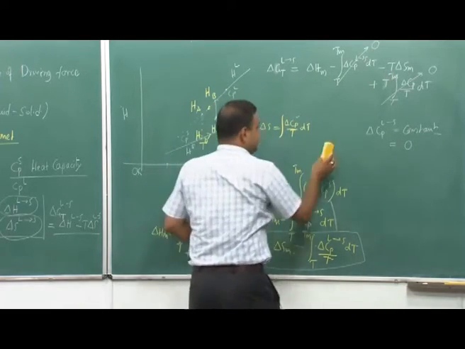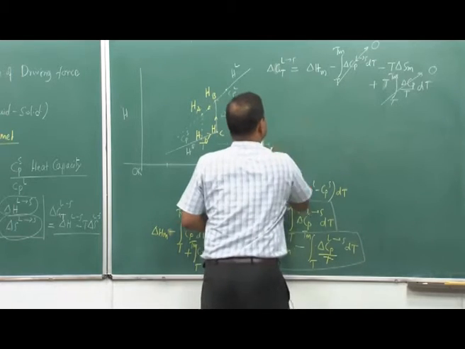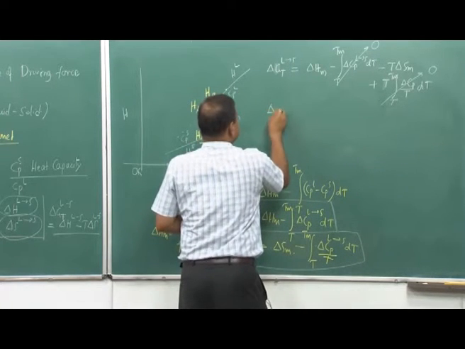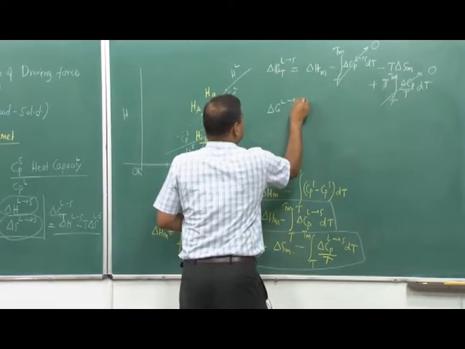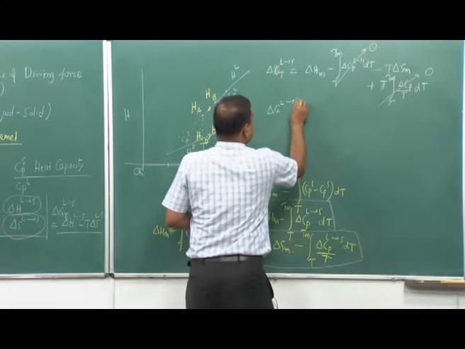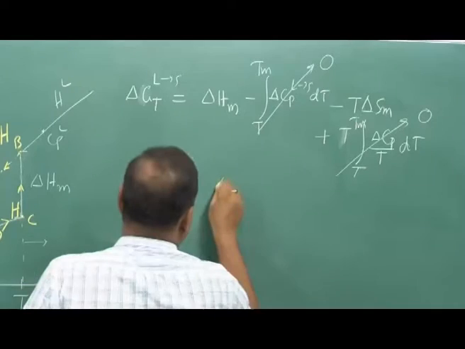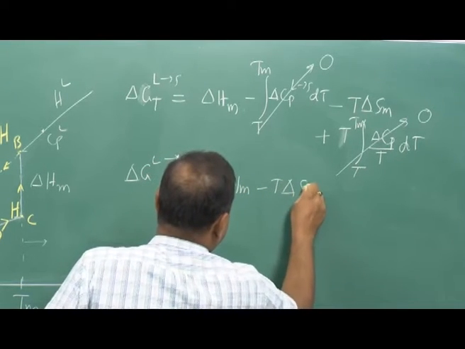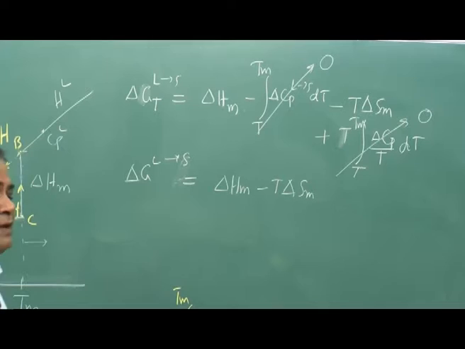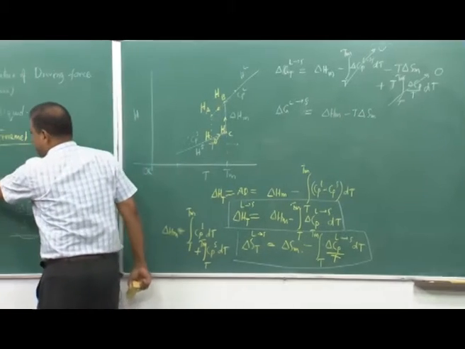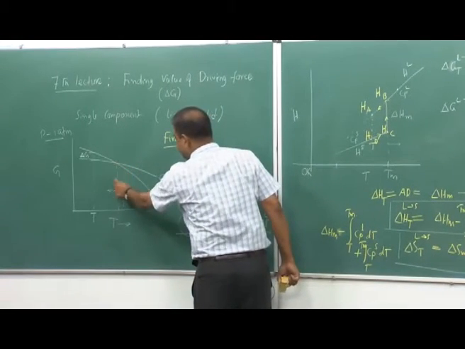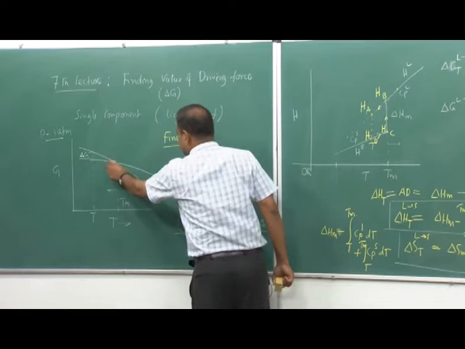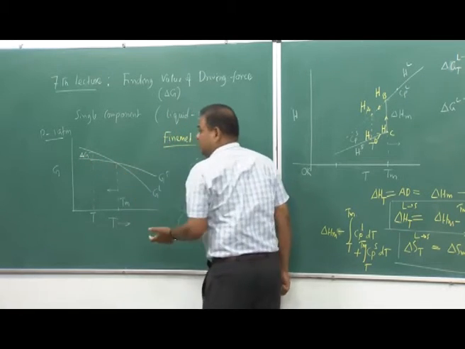Now, if we try to take the del G liquid to solid, it is going to be del Hm minus T del Sm. If we see this particular diagram, we see that at melting point, this value is 0.